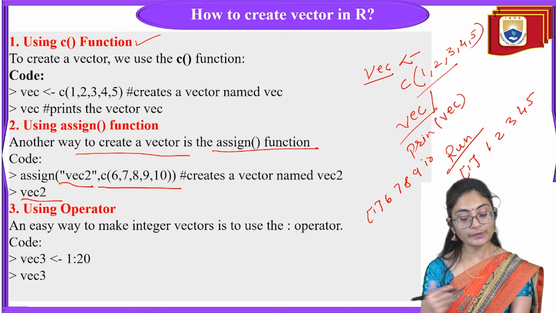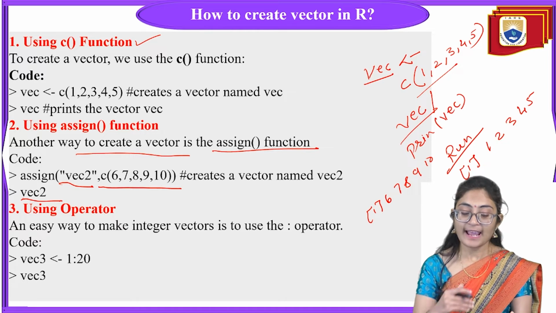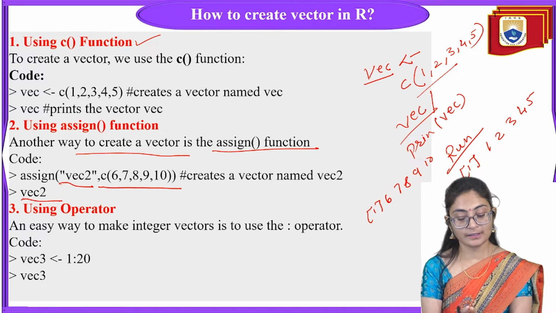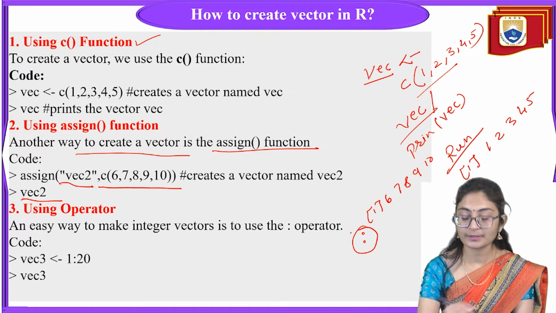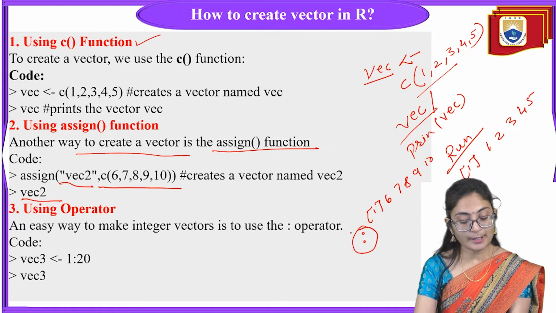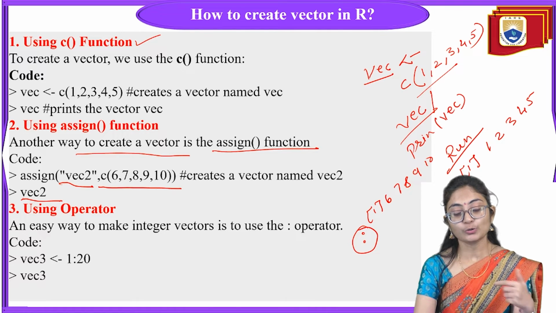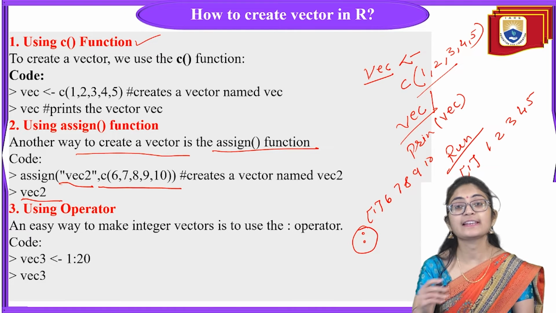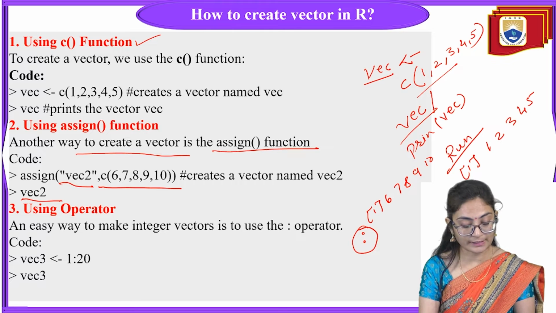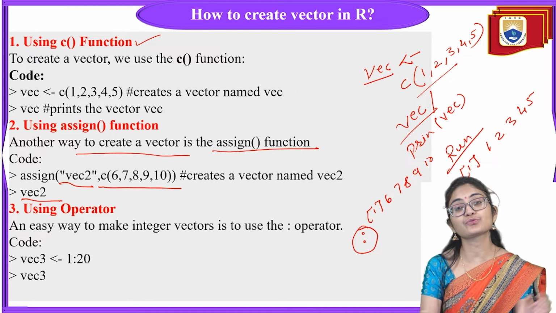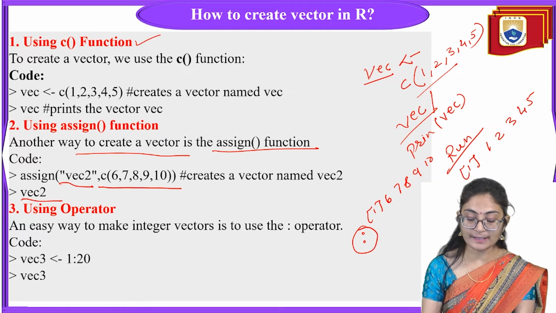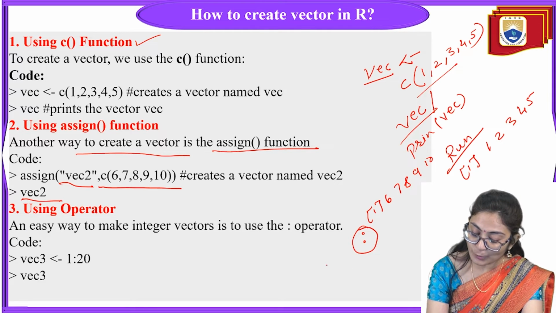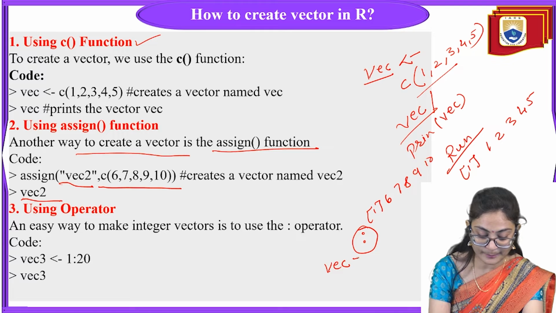Then using the colon operator. It is an easy way to make integer vectors. The colon operator is used to print a range. For example, I have to provide the vector vec3.